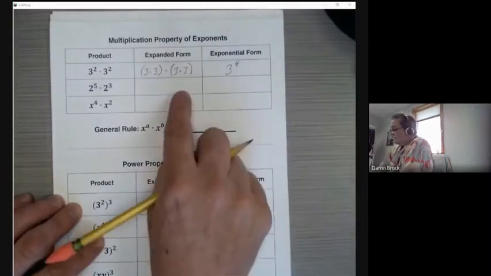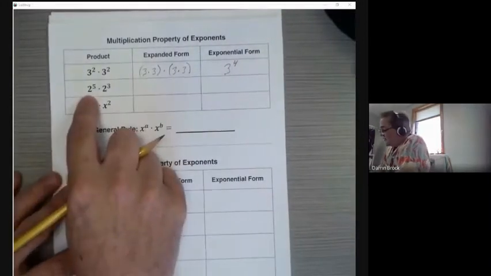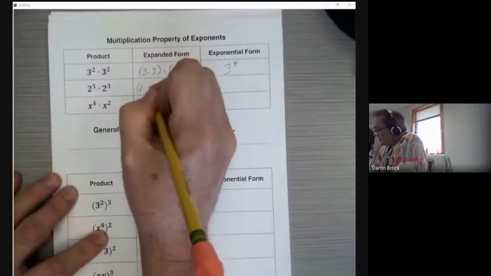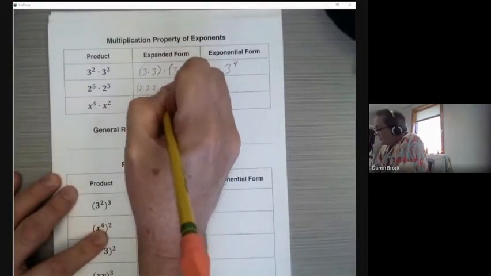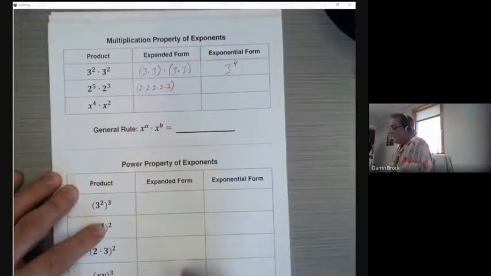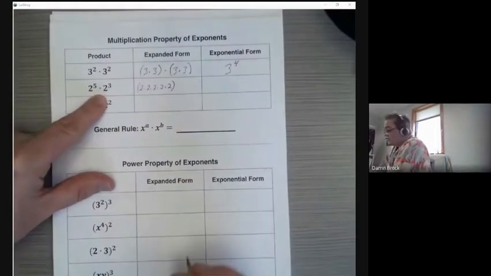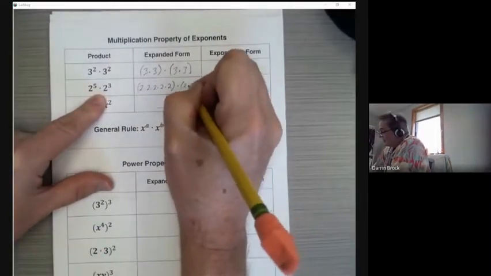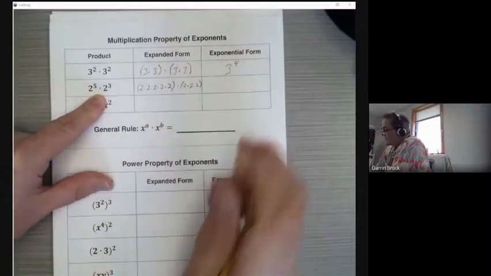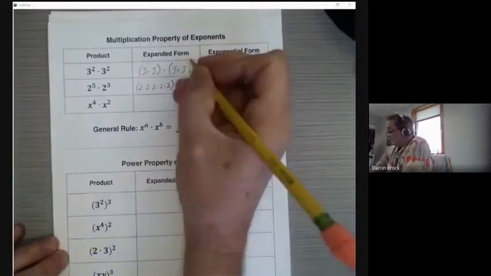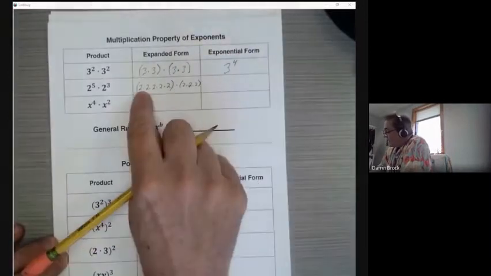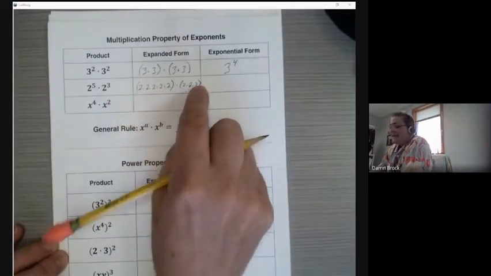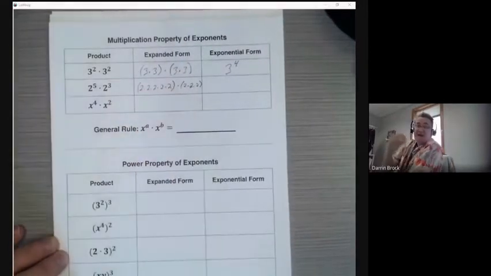Okay, let me demonstrate another one with 2. So 2 to the 5th would be 2 times 2 times 2 times 2 times 2. And we're multiplying that by 2 to the 3rd power, so 2 times 2 times 2. So what do we have? 1, 2, 3, 4, 5, 6, 7, 8 2's being multiplied times each other.